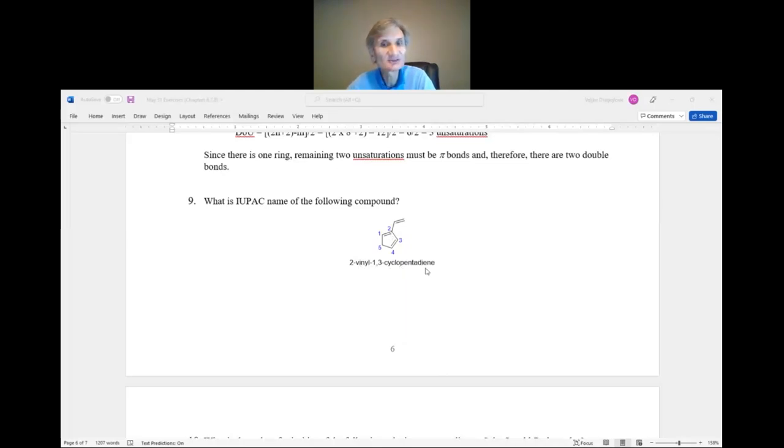A lot of students would make a mistake here and name it 1-vinyl, assuming that you give the smallest possible number to the substituent. But no, if you have two double bonds, then you have to number those 4 carbons of the two double bonds with the smallest possible set of numbers, and then whatever the substituent gets.